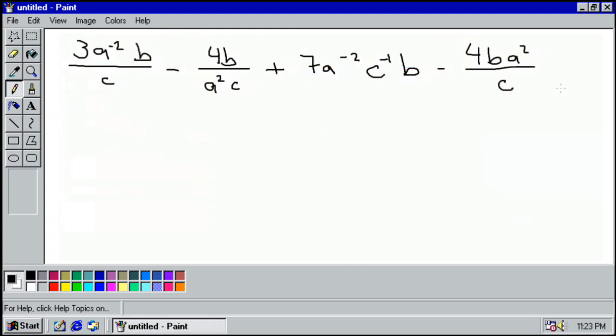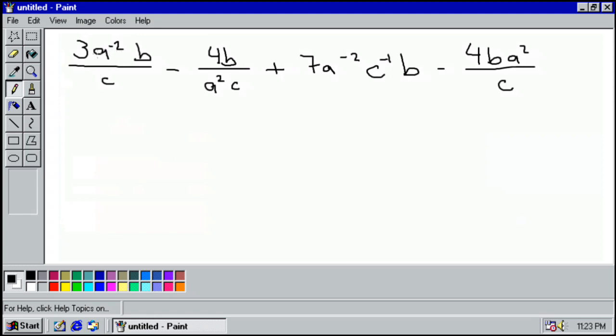So if we write the terms in the same form, we can see which terms are like terms. So let's change all of the negative exponents into positive. We have a negative there, so let's bring it down. Bring it down.